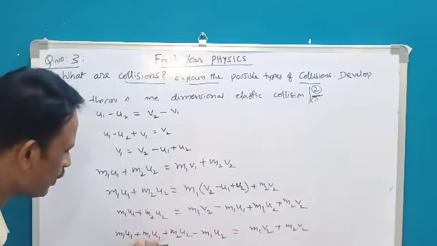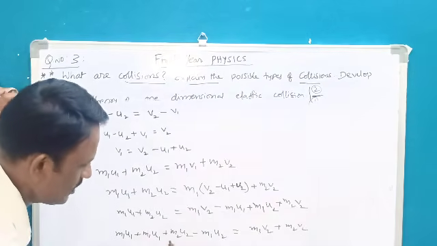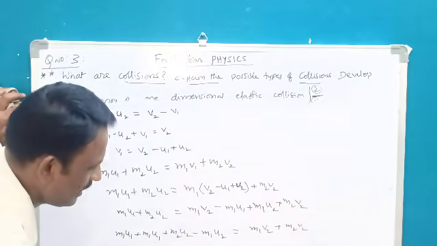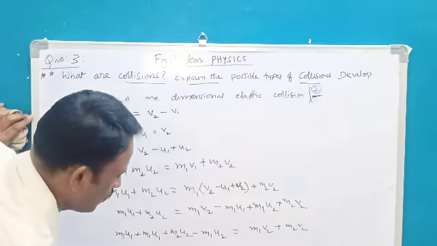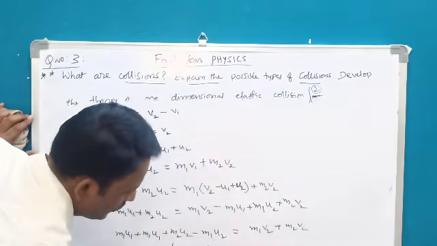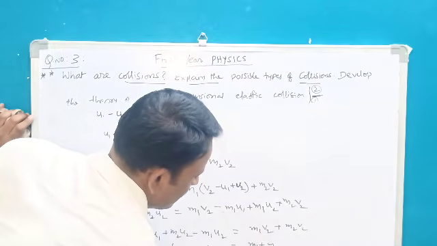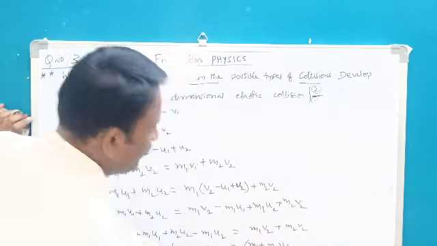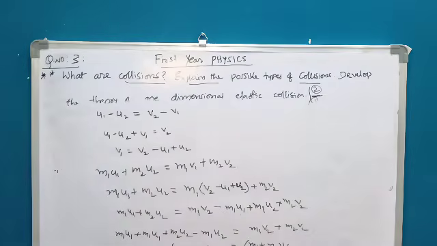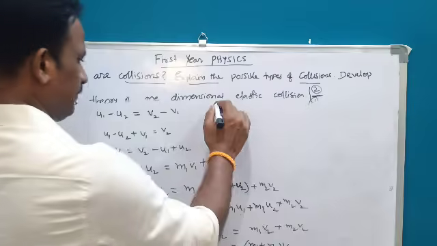Okay, now m1 u1, m1 u1, 2 m1 u1, right? Here common term we have is u2, so here m2 minus m1 of u2. Here common term is v2, so m1 plus m2 of v2. Right. Now bring this towards this side.